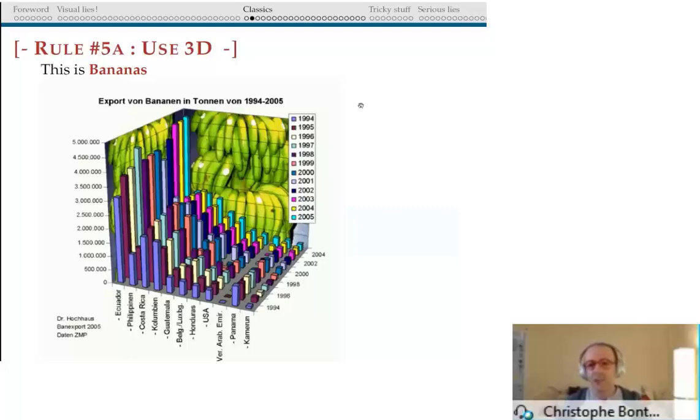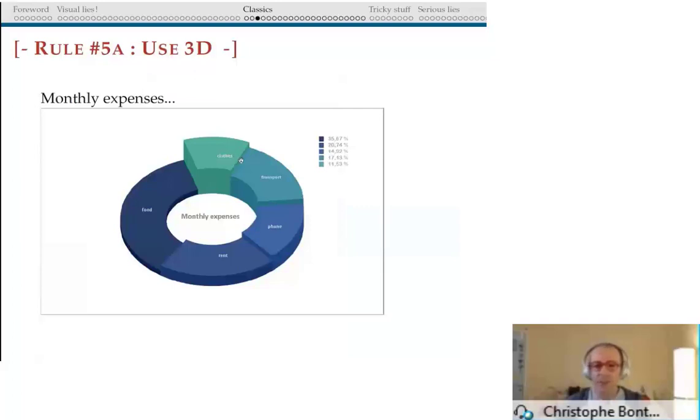This one looks more fancy, but you have a donut chart with monthly expenses in different categories: food, rent, phone, etc. With the values encoded in a very weird way. I mean, obviously on the donut chart, the value is that of each sector. Here, it's also encoded with the color, and there is something with the height that means nothing, because look at clothes, it's the smallest slice, and it has the highest height.